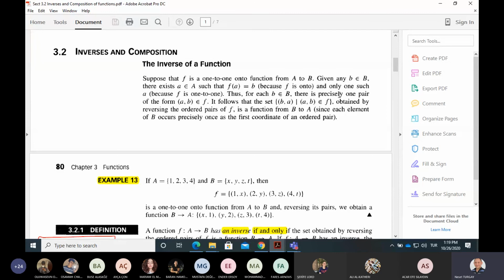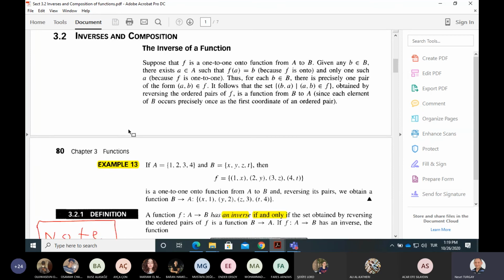And only one such a because f is 1-to-1. Thus, for each b in B, there is precisely one pair of the form (a, b) in f. It follows that the set {(b, a)}, obtained by reversing the order of the pairs of f, is a function from B to A, since each element of B occurs precisely once as the first coordinate of an ordered pair.